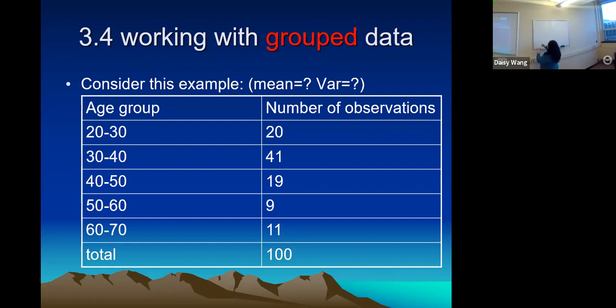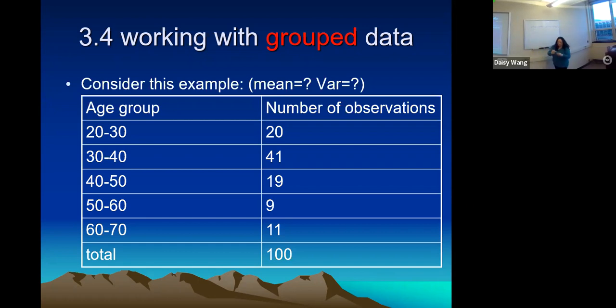So in this case, 20 times 25 plus 35 times 41 plus 45 times 19 plus 55 times 9, and then plus 65 times 11.